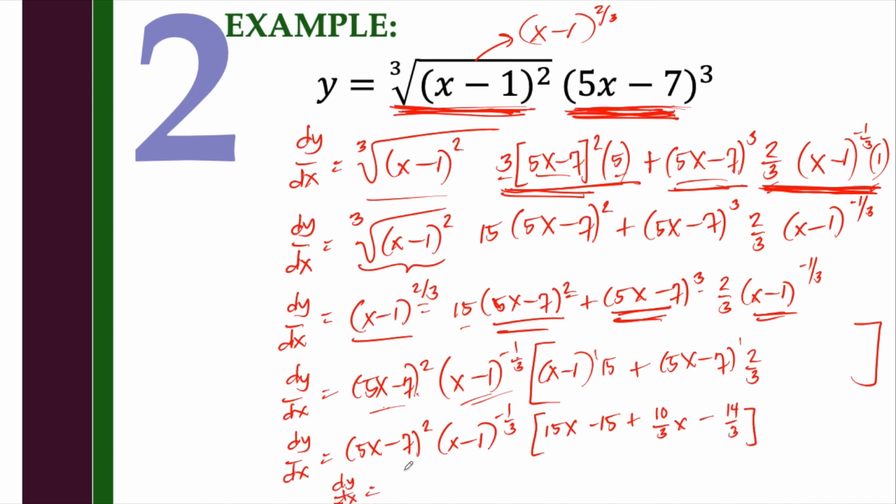So further, we may just express this as (5x - 7) squared over the cube root of (x - 1), since (x - 1) raised to negative 1/3 is in the denominator. So we have 15x plus 10/3, so that is 55x over 3. And then negative 15 and negative 14/3, we have negative 59 over 3.